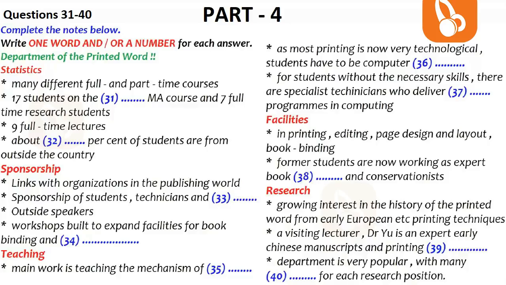We have a thriving research department, with 17 students on the taught MA course and 7 students doing research full-time. In all, we have 9 full-time lecturers and 16 part-time lecturers who work mainly but not exclusively in our evening department.